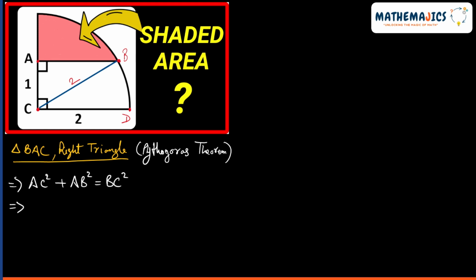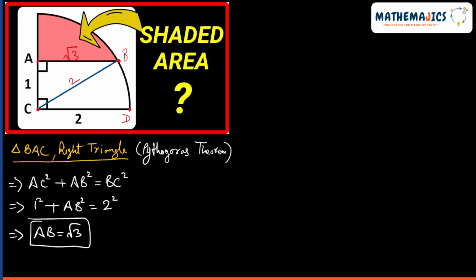This will give us AC as 1 square plus AB square we need to find out. This will give us 2 square. If we solve this, we will get AB as root 3. This is the value of AB. Let's mark this in the figure. AB is root 3. Let me use a different color. This is root 3.